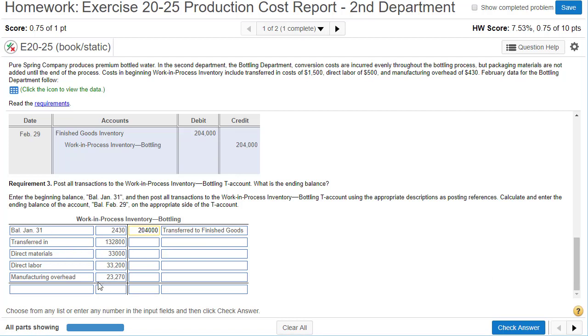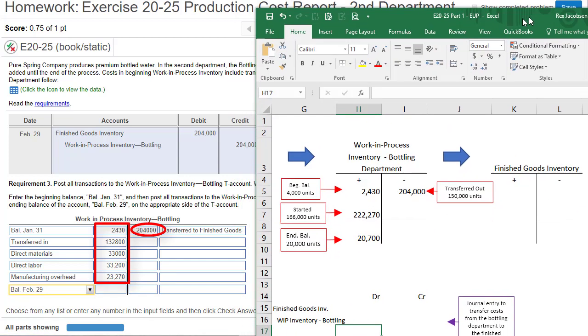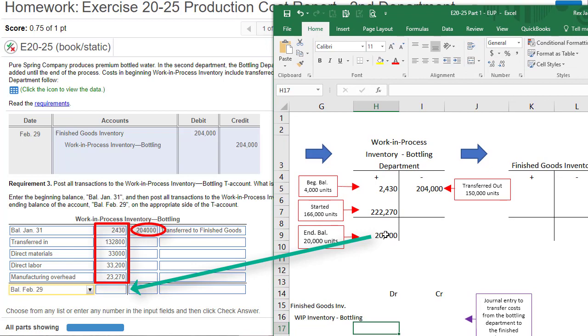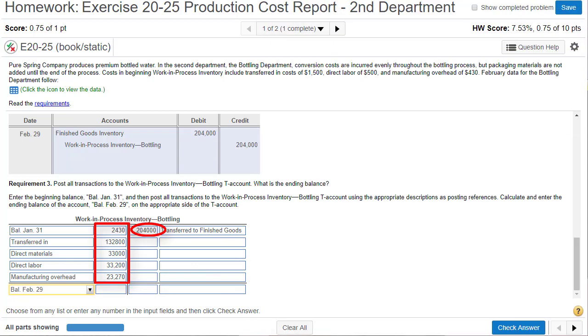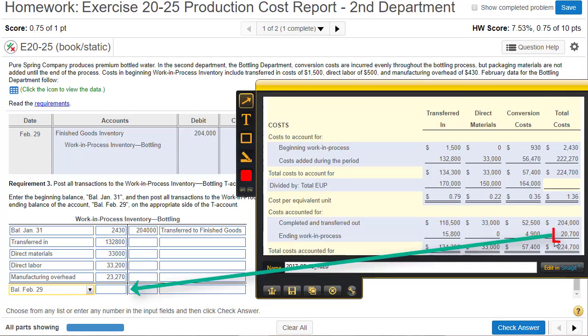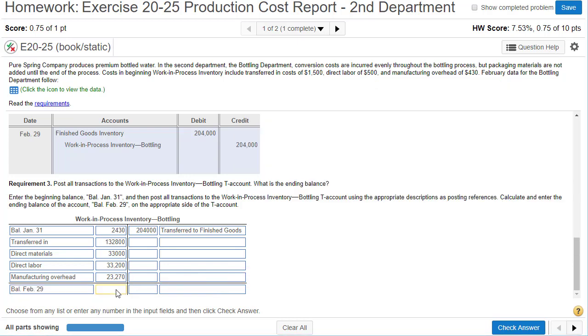And then they want us to calculate our ending balance, and the balance is on the plus side. That's why I'm putting it over here. So to get the balance, you can add these up and then subtract that. We already calculated it on our T account, but you don't even need that. We already have it on our screenshot right here. Ending work in process is 20,700.